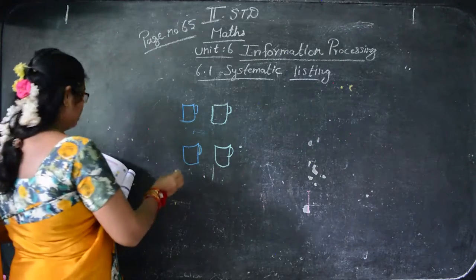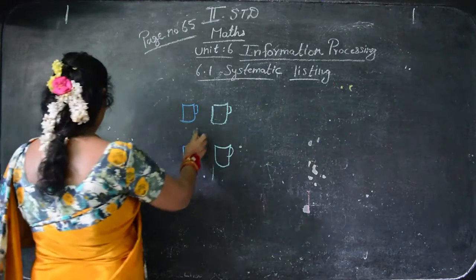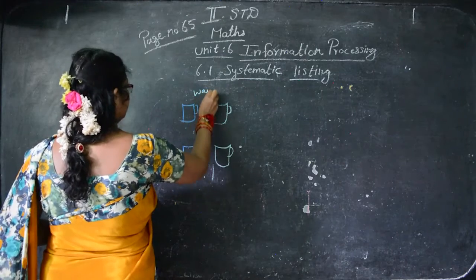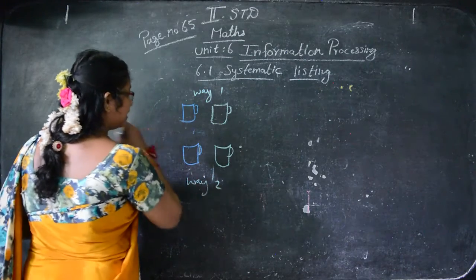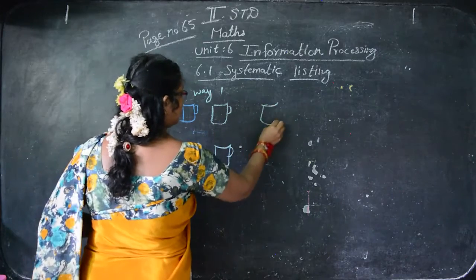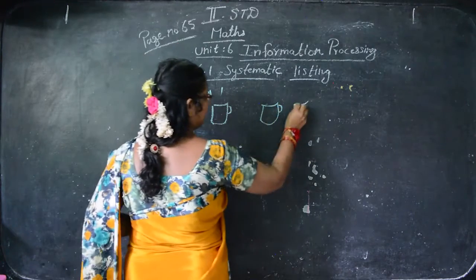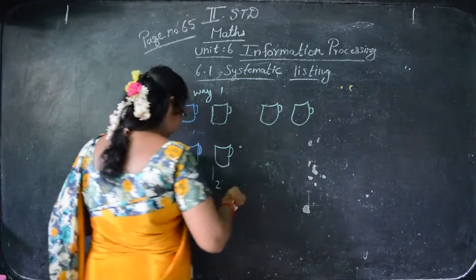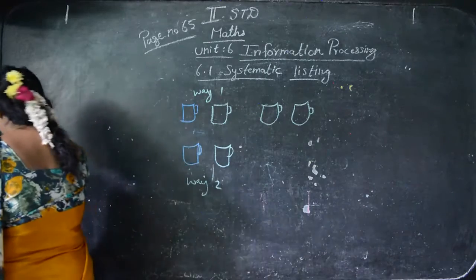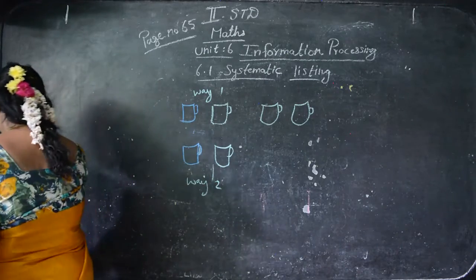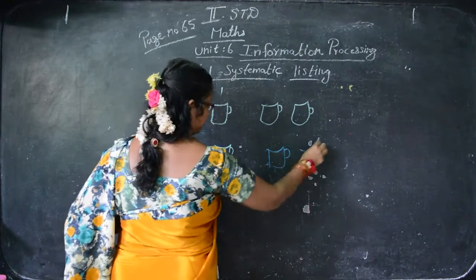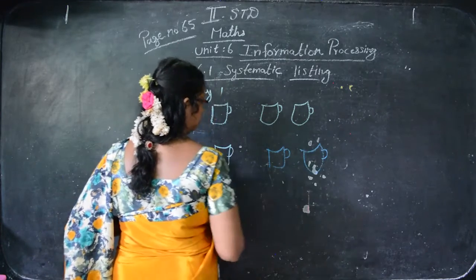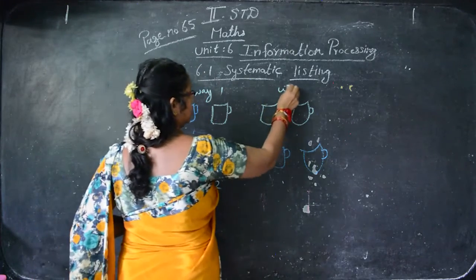See here. This is one way, this is way 1, way 2. Then again two green, we can arrange it, 2 green, then 2 blue. This is another possible way.